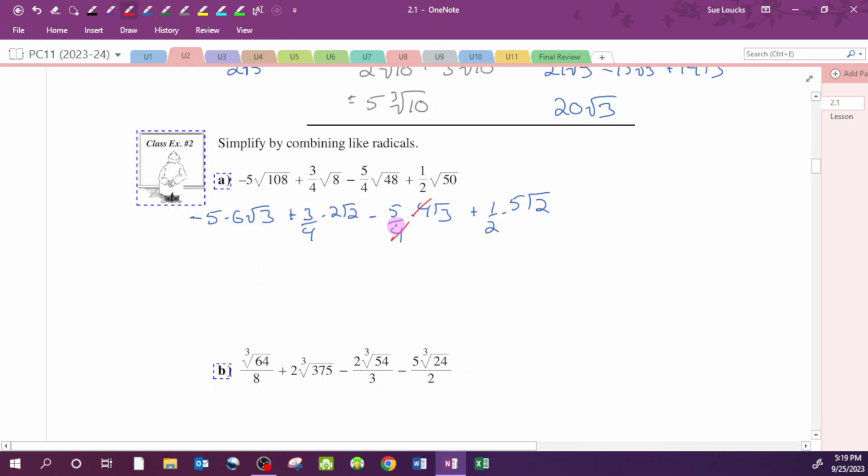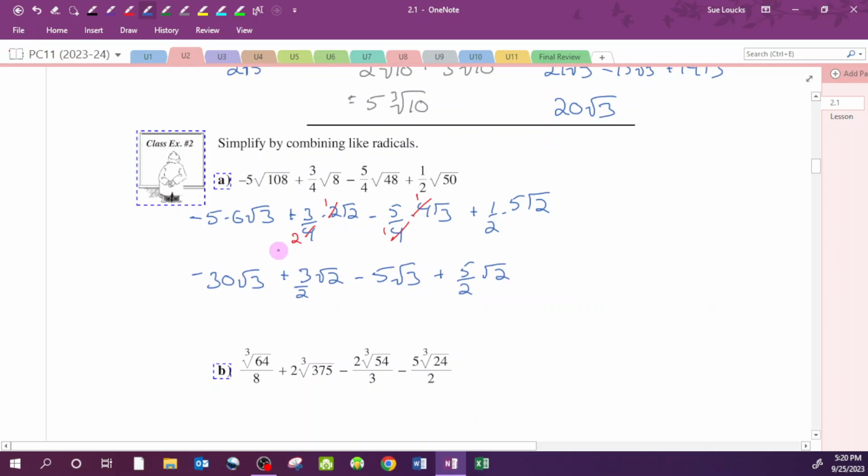These 4s just cancel out, and this 2 becomes a 2 on the bottom and a 1 in the numerator. And technically, I should have 1s there, but I usually don't bother with them because I'm lazy. Okay, then I have minus 30 root 3 plus 3 root 2 minus 5 root 3 plus, oh sorry, this was 3 over 2, and 5 over 2 root 2.